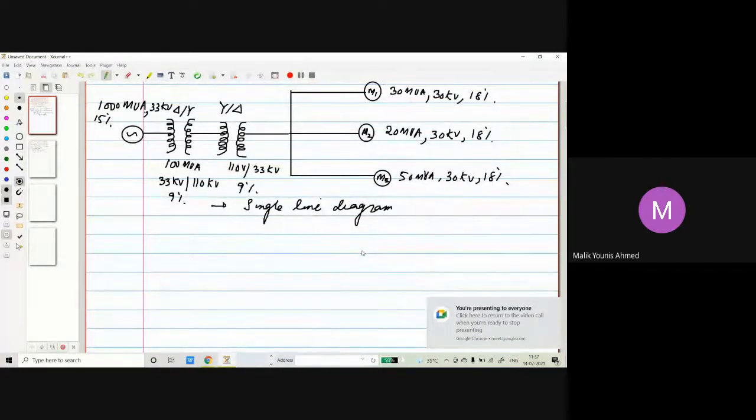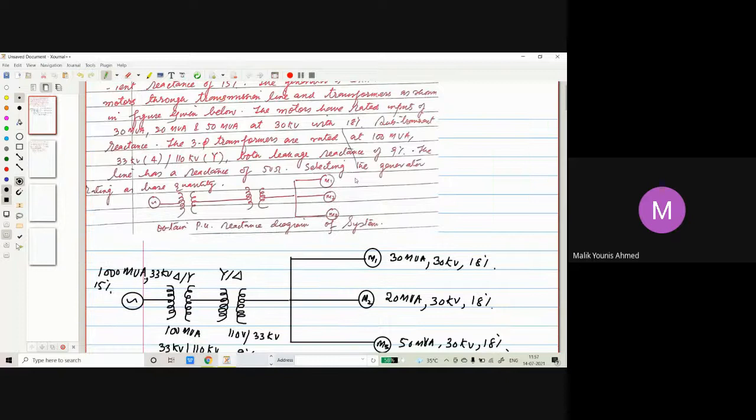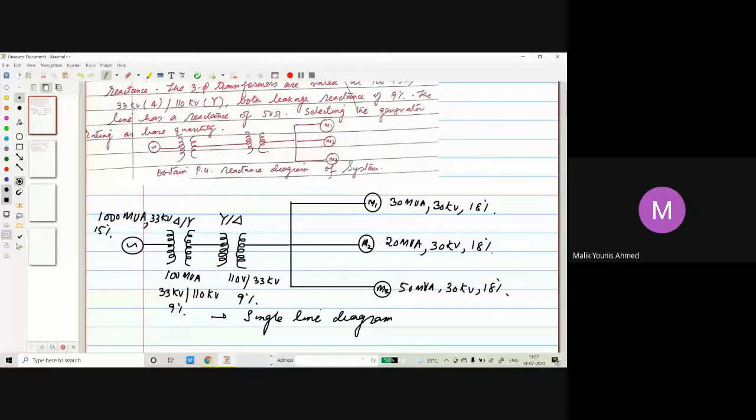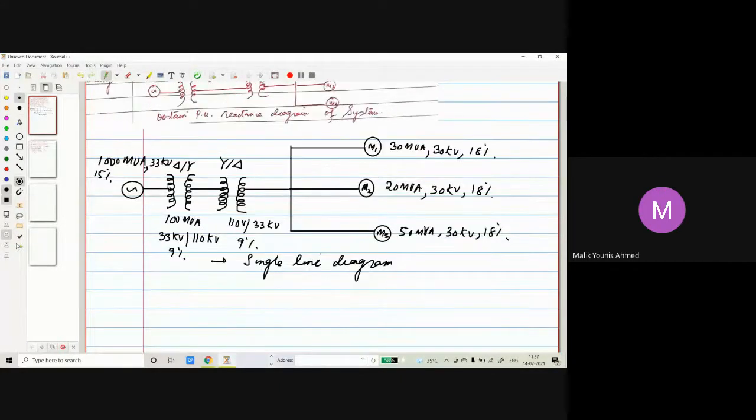Now let's write some points while solving this conventional type of problem. Here he has not given us the base. Selecting the generator rating as base quantity, he has himself told us to select the generator ratings as the base quantity. So the generator has 1000 MVA as complex power base and 33 kV as voltage base.